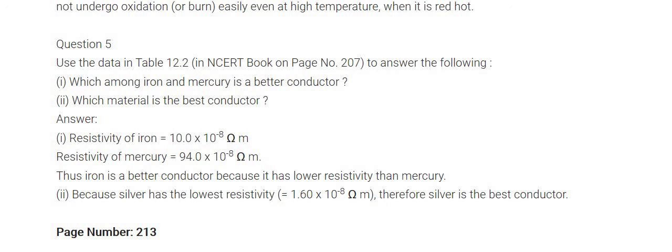If we look at Table 12.2, located on page number 207, the resistivity of iron is 10 × 10⁻⁸ ohm meter, while the resistivity of mercury is 94 × 10⁻⁸ ohm meter.